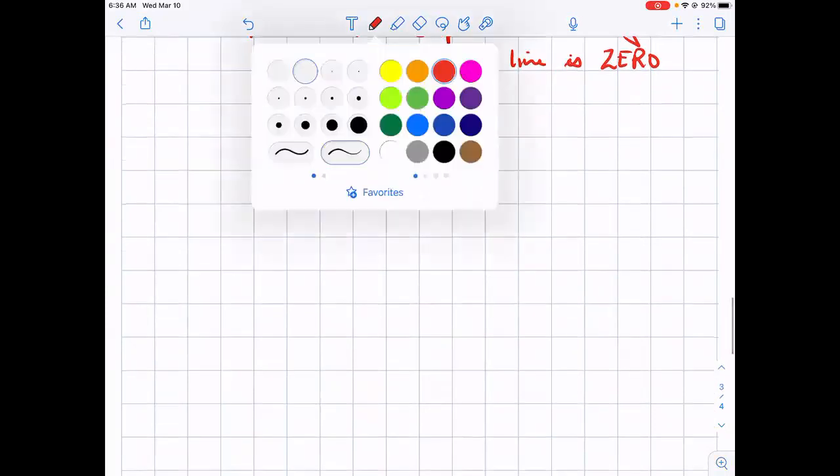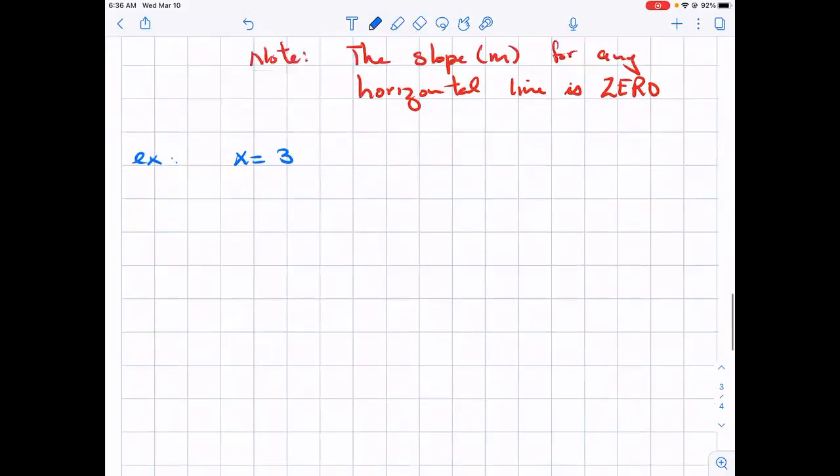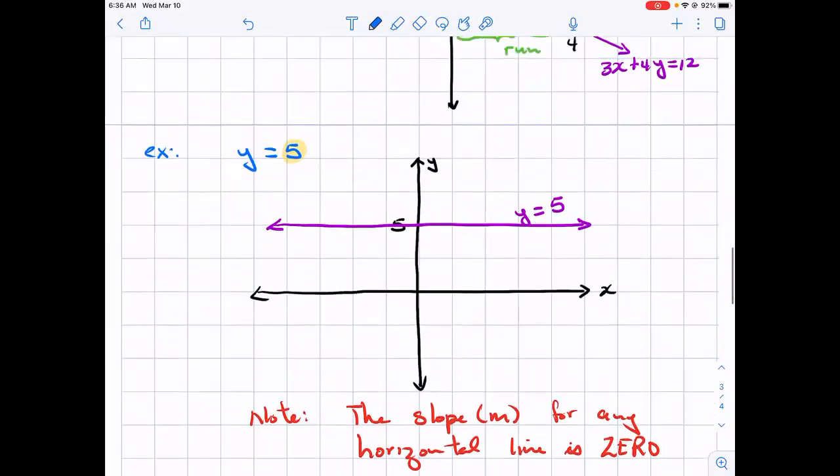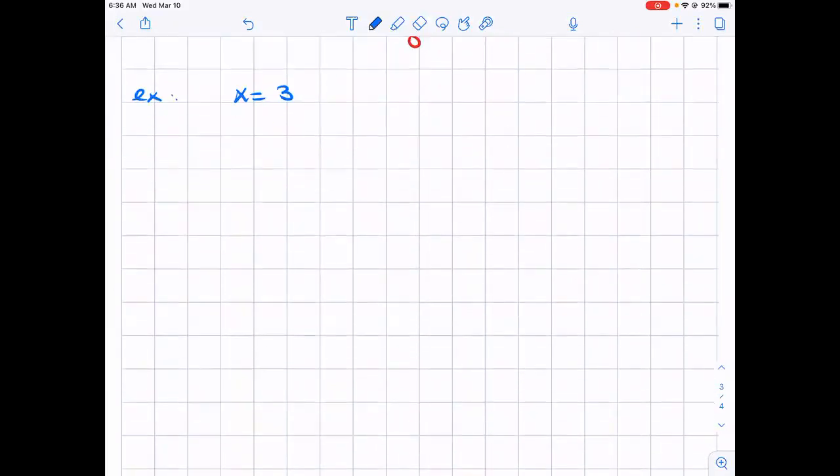If we look at another example now, if we have x equals 3. Notice now it's not y, it's x. When it's y equals, it passes through the y-axis. When it's x equals, it will pass through the x-axis. But because it's in the form x equals, now we are speaking of a vertical line.